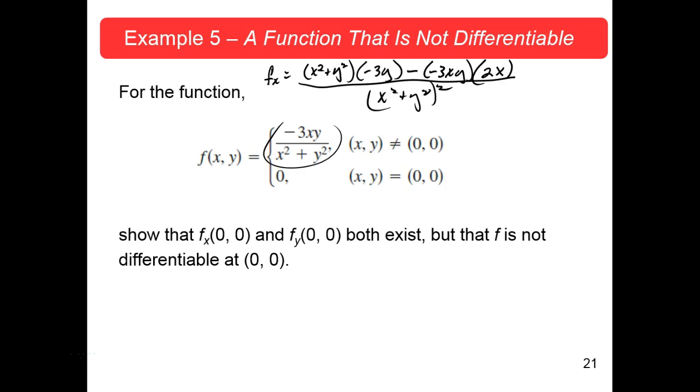But say along the line y is equal to x, if you're approaching 0, both of these would be approaching 0. Okay, wait, so back off.